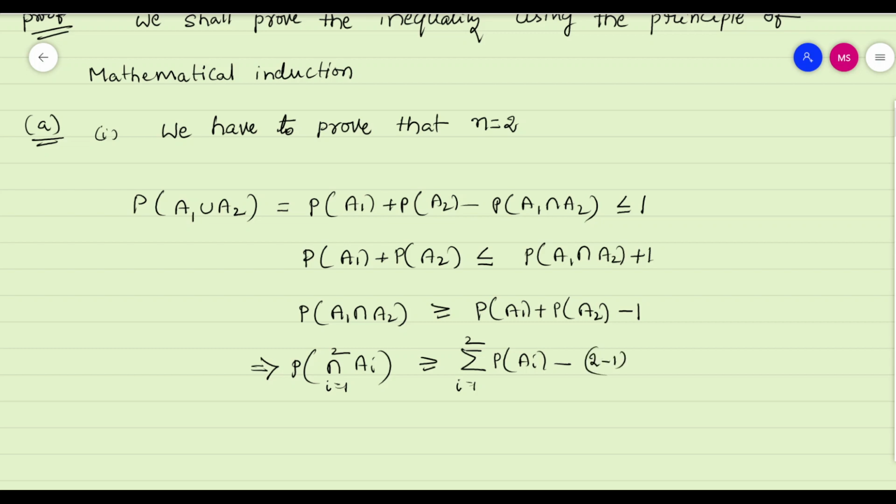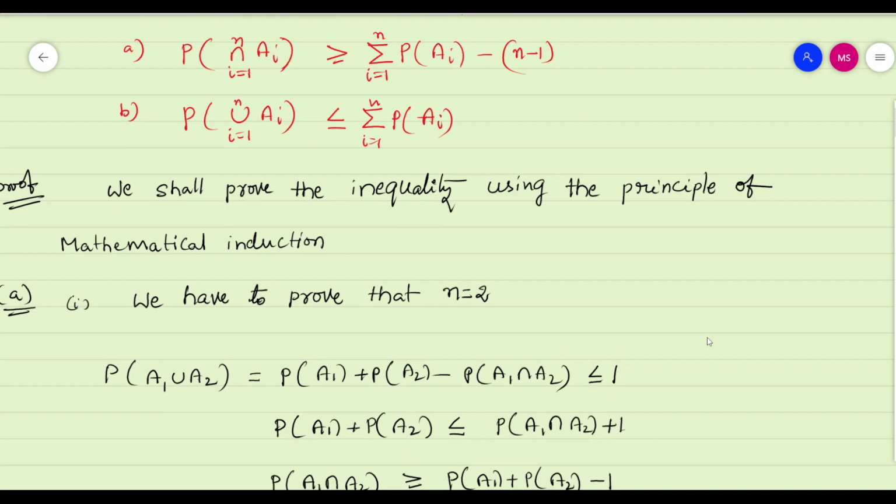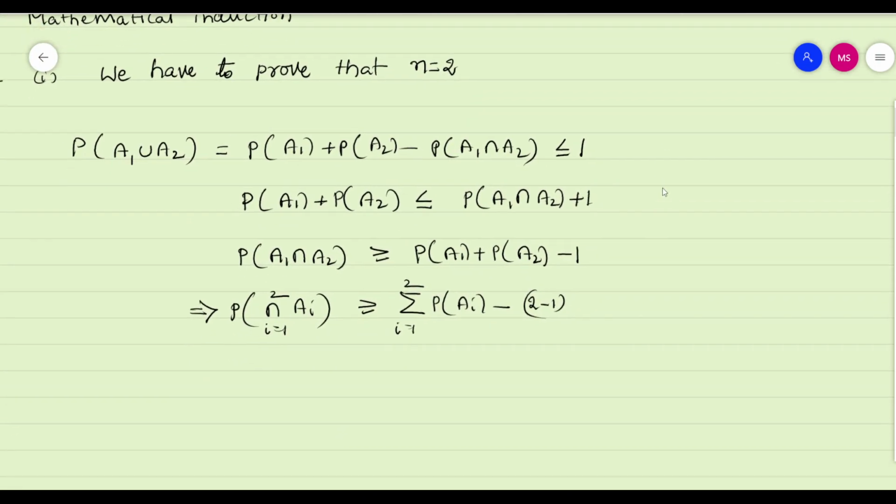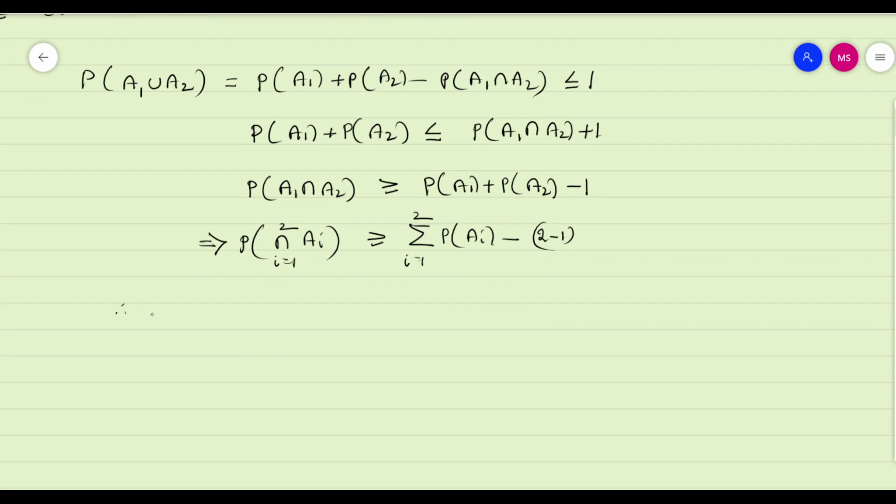Observe the given statement: it matches. Therefore the theorem is true for n equal to 2.